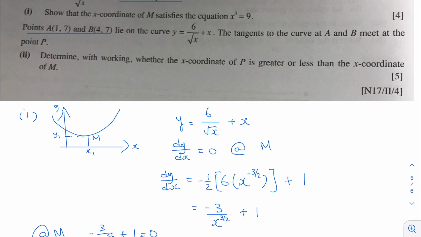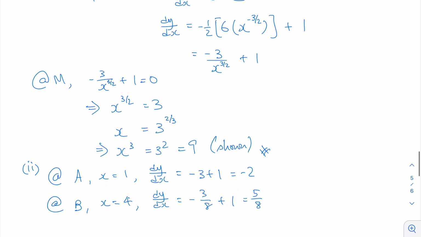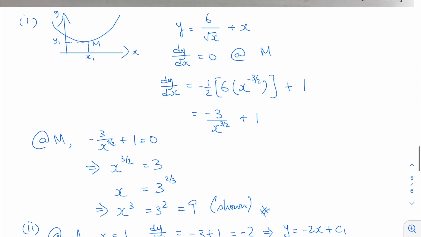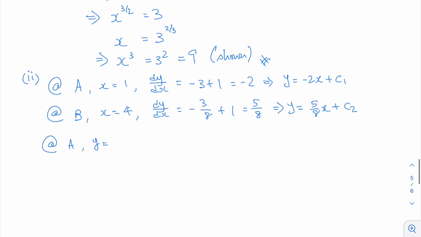Now we need to find the point where they intersect. The equation of the first tangent is y equals negative 2x plus c1. The equation of the second tangent is y equals 5 over 8 x plus c2. Now we need to find c1 and c2. At point A, y is 7.